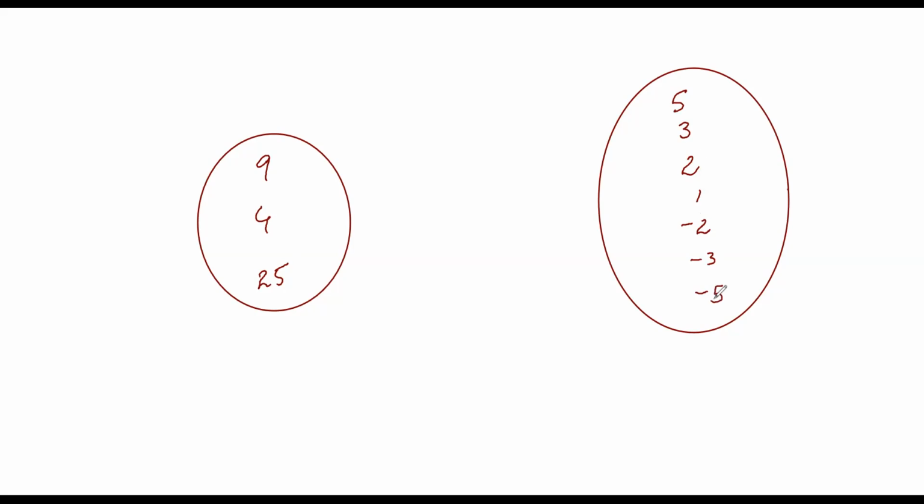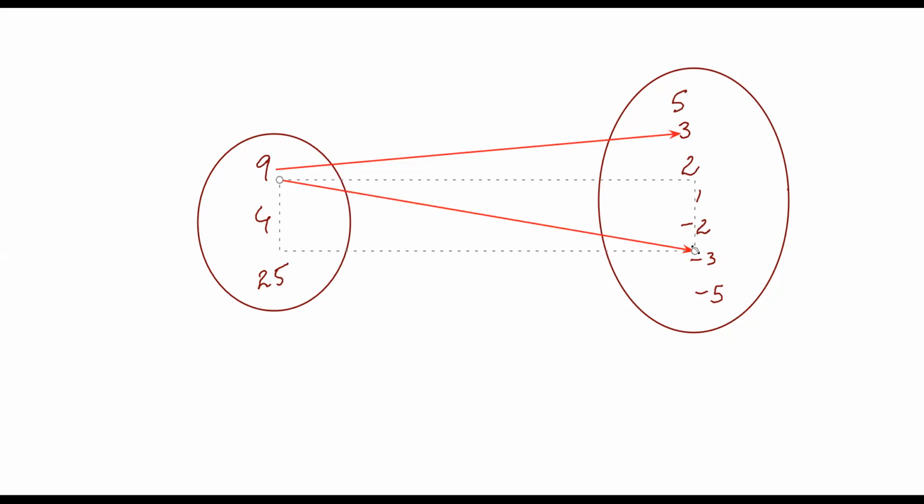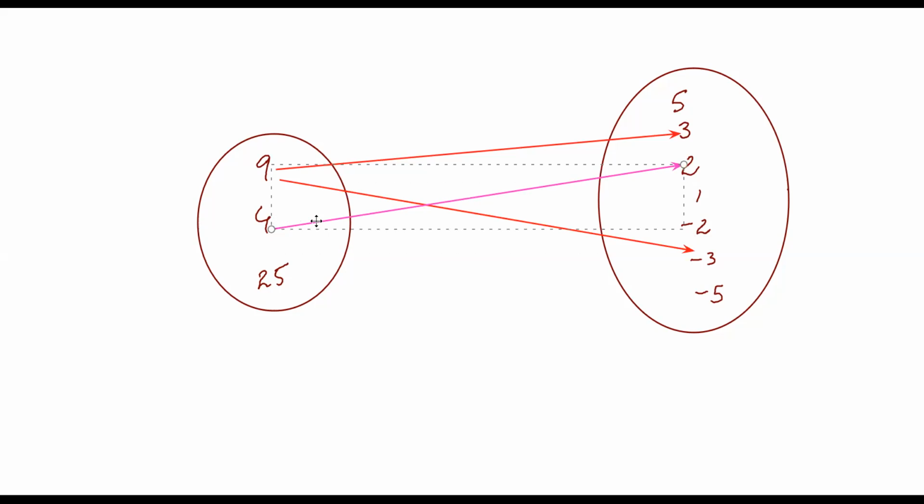Now what I'm doing is I'm just arrowing, or I'm just giving the squares. 9, 3, and -3. 4 is 2 square and -2 square.